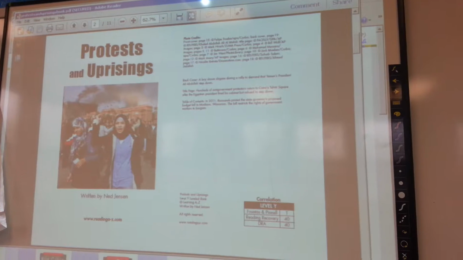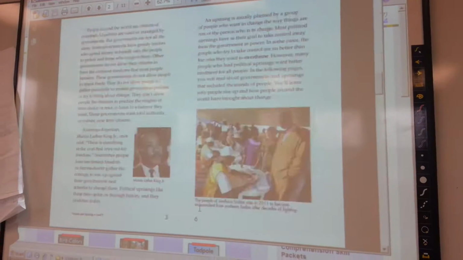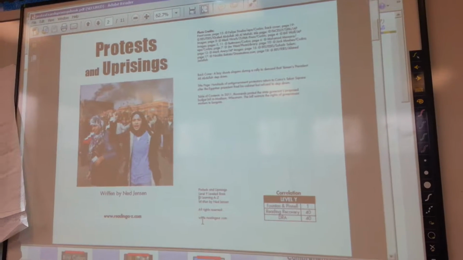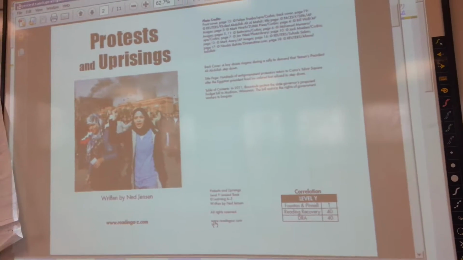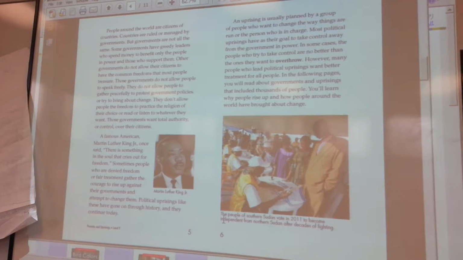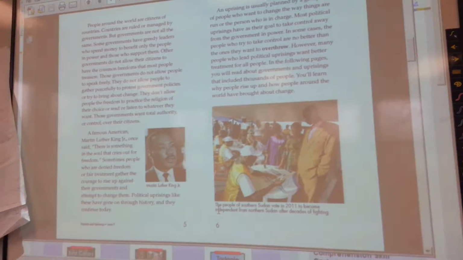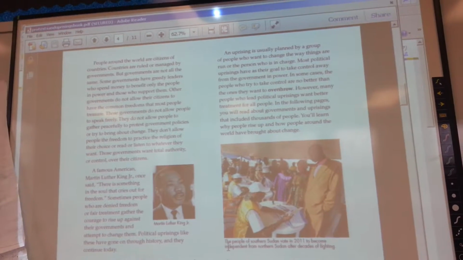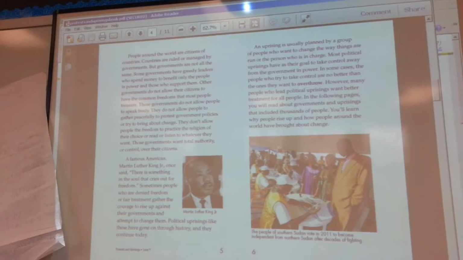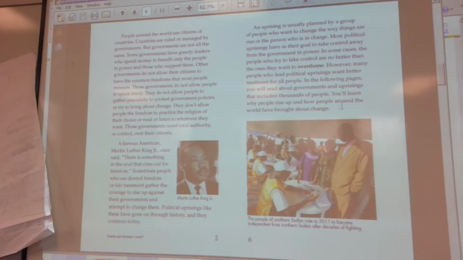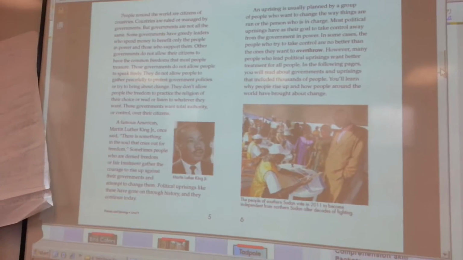What I thought was interesting is all these people working towards the same goal.